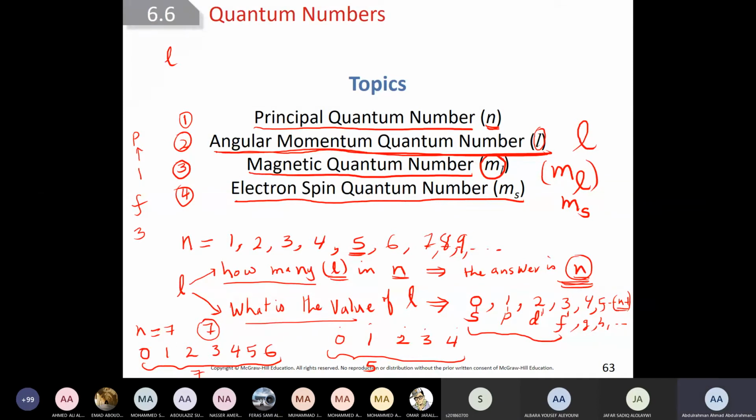Clear? Now, if we have L, then I want to do ML. ML, again, you have to answer two questions. If I ask you how many ML in L, and the second question is, what is the value of ML?